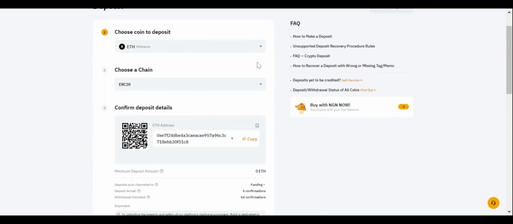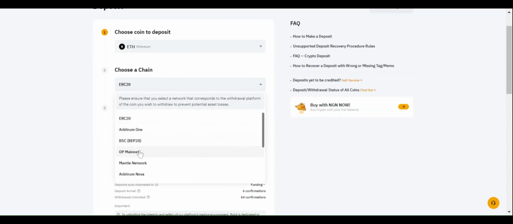But let's say I was making the transfer myself from a different account, right? Let's say from a Trust Wallet account or a MetaMask or Phantom account. So I would just copy this, paste it in that wallet, and then execute the transaction. So, like I was saying, the wallet address will be different for every chain.